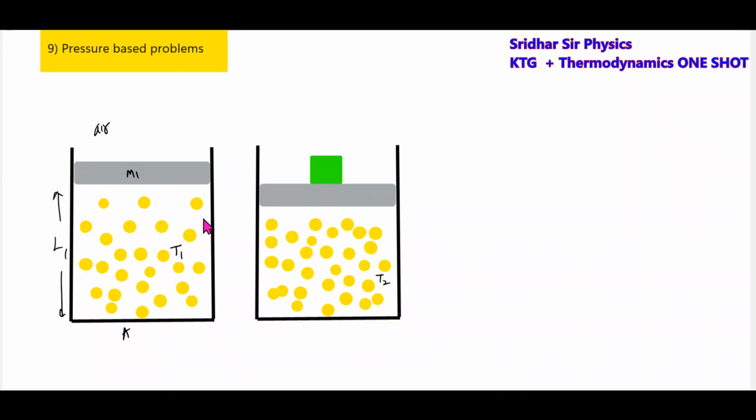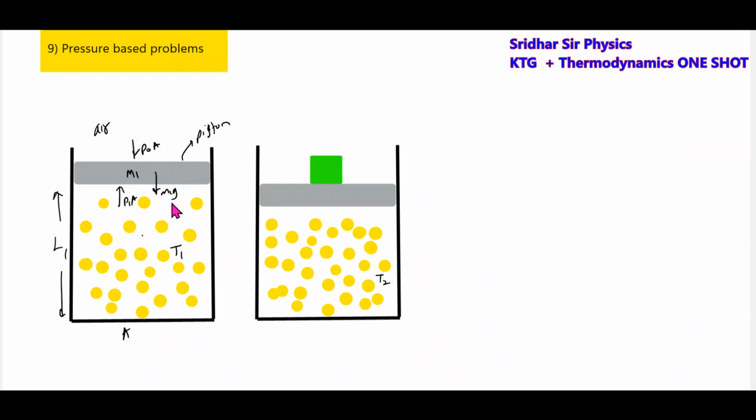Now there is a vessel where there is a piston. The molecules will be moving randomly, they'll collide, and the net resultant force exerted by the molecules per unit area will balance this pressure force. Here the weight of the piston m1g will act. The pressure force will act here. Then atmospheric pressure force P0.